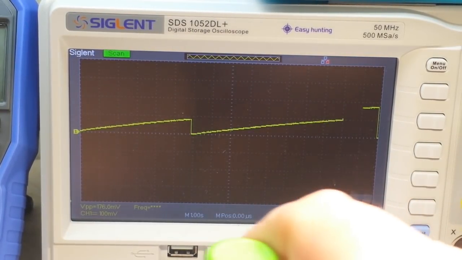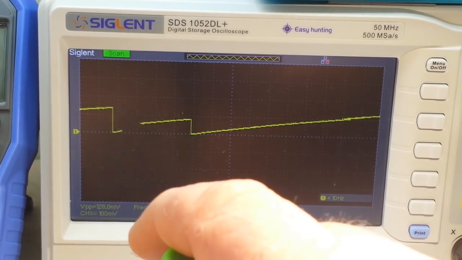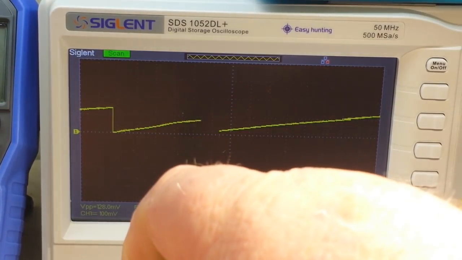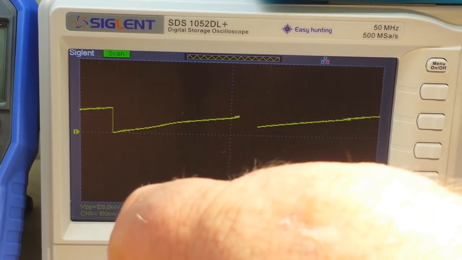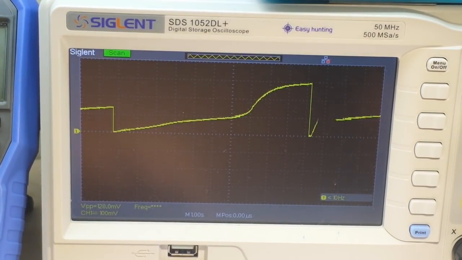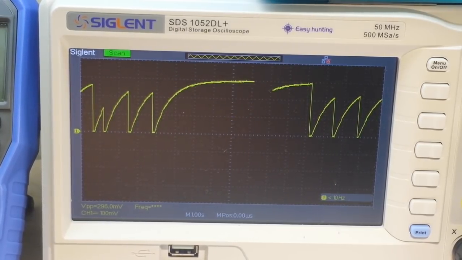And then by adjusting it, I'll drain it first. You can see how we can adjust. There we go. And make it change speeds. Gotta love that. There's our sawtooth again. But that's a very visual representation of the charging and discharging of the capacitor.